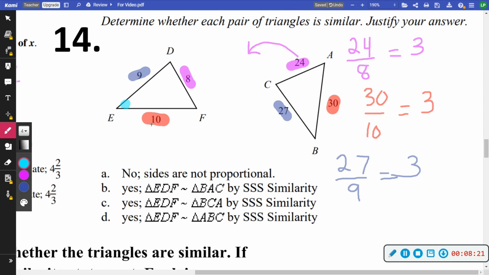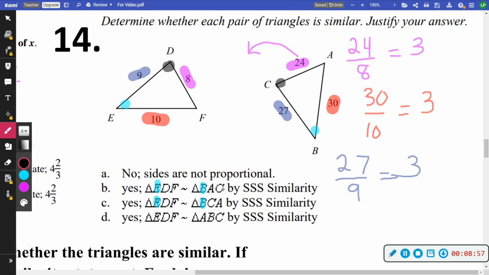So that would go with the other one between blue and red, that'd be B. So E and B should be in the first spot, E to B. So we know it's not D. And then the next one is D. D is between blue and purple, so D should go with the other one between blue and purple, which should be C. So it should be DC.